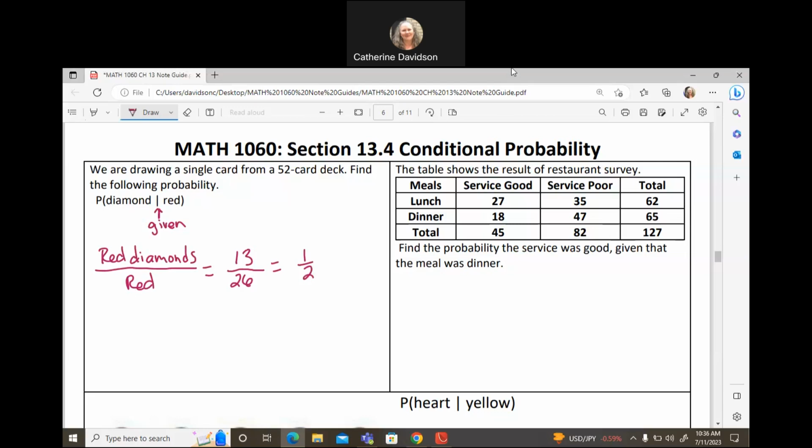All right, so find the probability the service was good given the meal was dinner. Okay, probability the service was good given the meal was dinner. So on the top, you're going to have good and dinner.